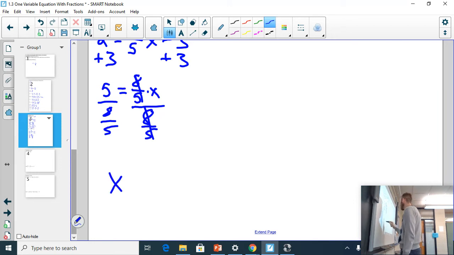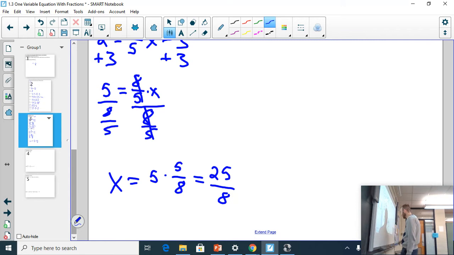Then I get x equals, and 5 divided by 8 over 5 is the same thing as 5 times the reciprocal, 5/8. 5 times 5 is 25 all over 8. And I don't think that simplifies any further.